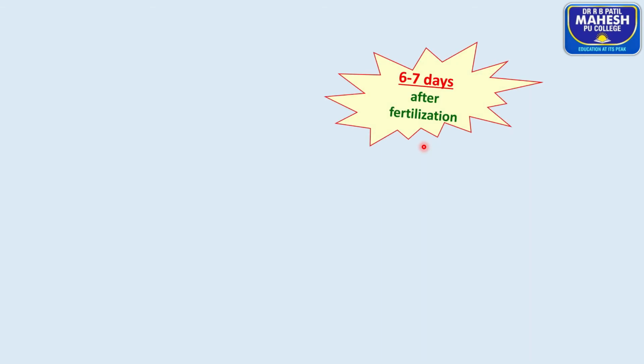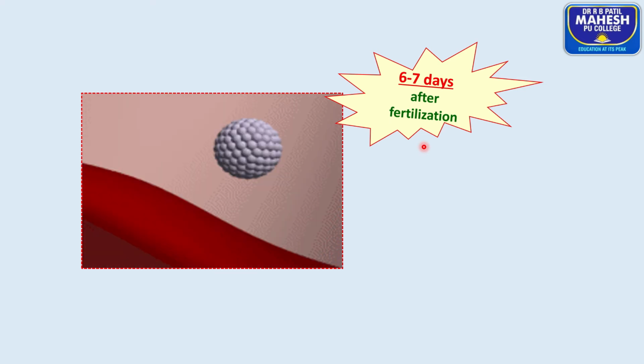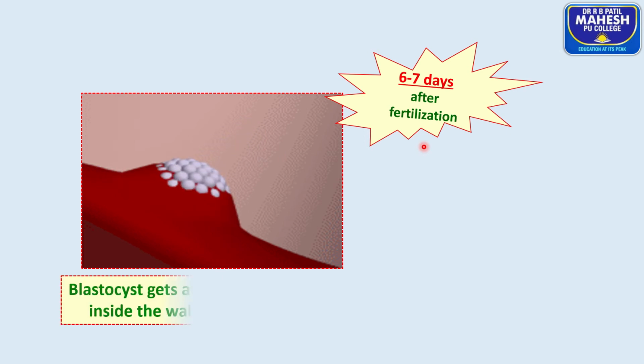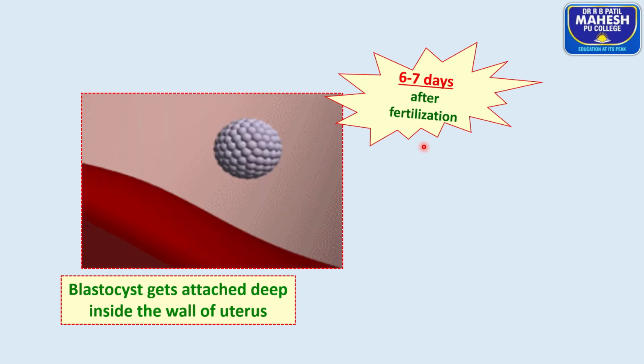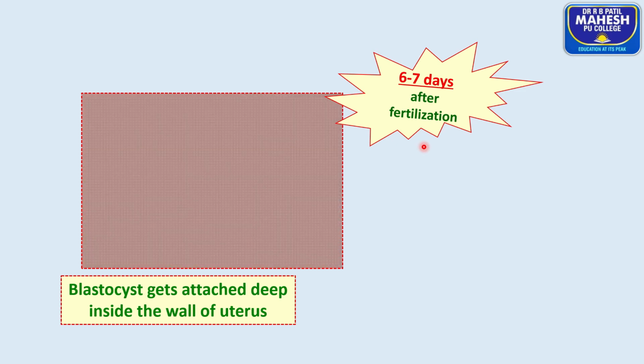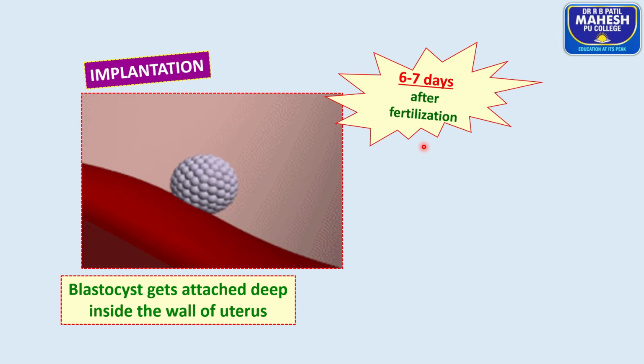On the sixth day after fertilization, when it moves towards the wall of the uterus, the trophoblast cells secrete proteolytic enzymes or hydrolytic enzymes, which dissolve the uterine endometrium and create a depression, and within the depression the blastocyst gets buried by the process called implantation.